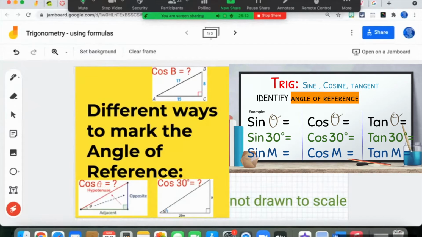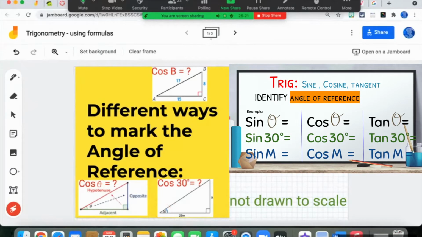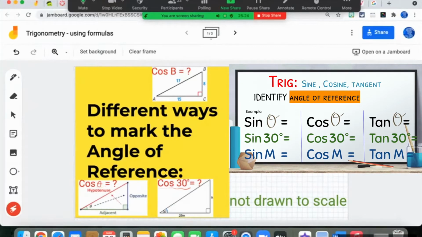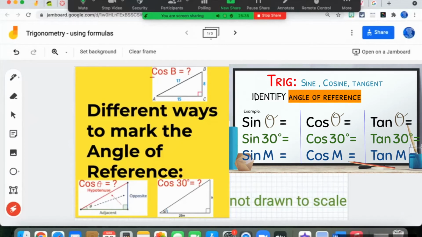And then here's another way you can call angle theta. We are giving you the measure of the angle, and the measure is 30 degrees. So instead of angle theta or cos theta, I replace it with cos 30 degrees. So the theta is replaced with the measure of the angle itself. Yet another way to call angle theta is cos B equals what?